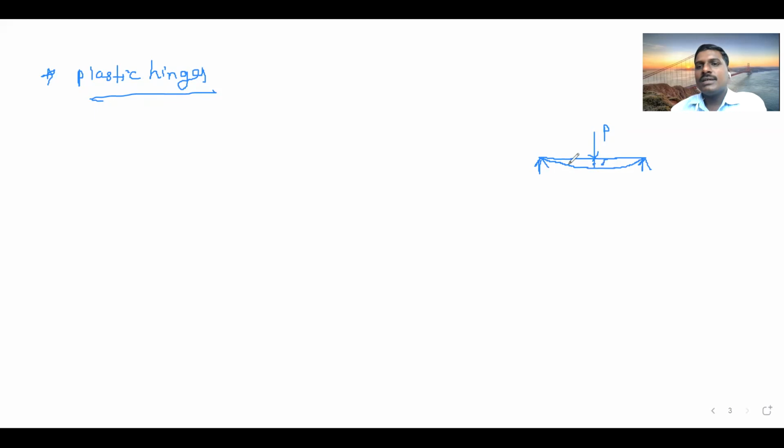If we apply more load, then again your beam will deflect. If we apply still more load, again deflection will occur.